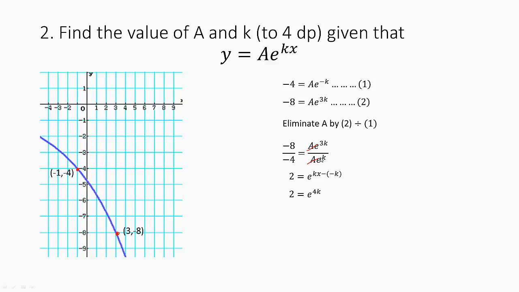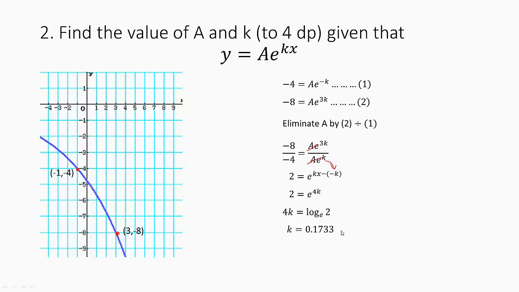That should be e to the negative k, and that's where this negative came from. That becomes 2 equals e to the 4k. We're asked to solve this to 4 decimal places. 4k equals log to the base e of 2. Put that into your calculator, solve, and k equals 0.1733.